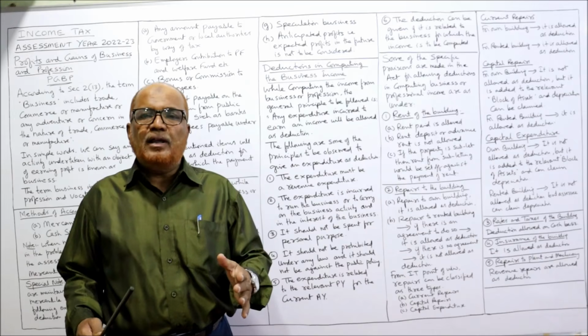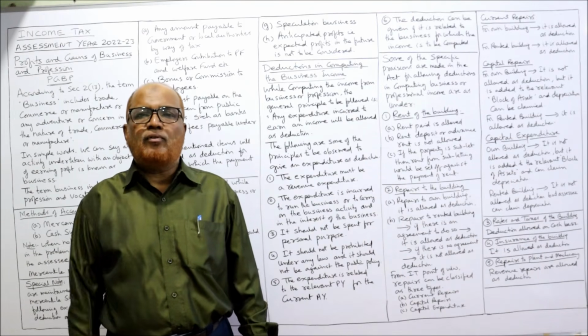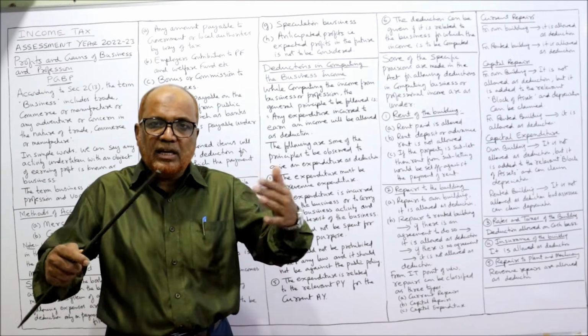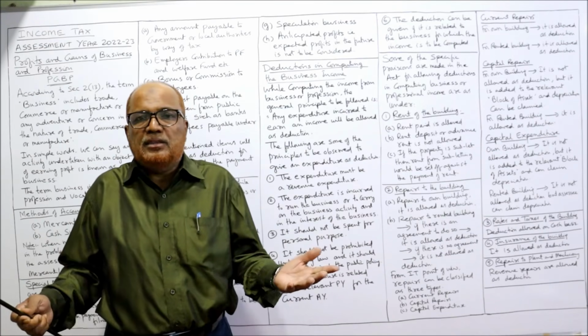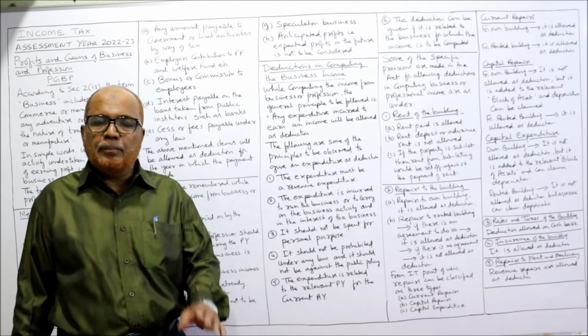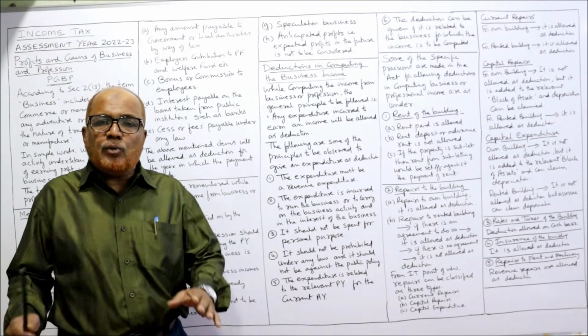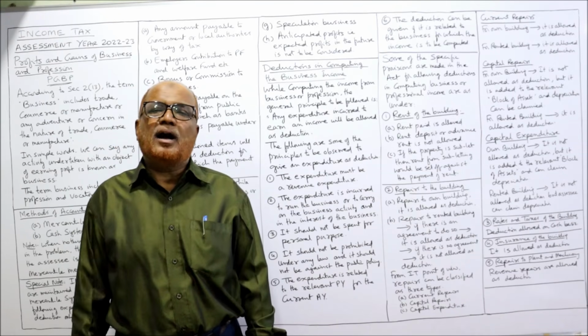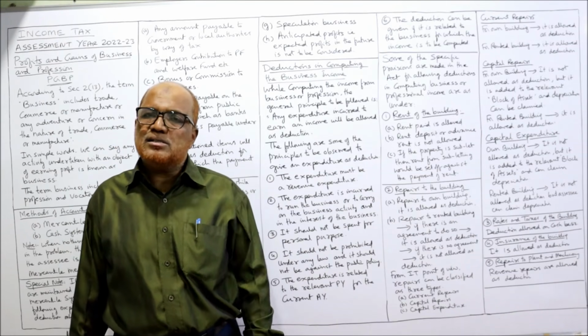If the owner of the building says that you have to pay for repairs, so according to the agreement the business has to incur expenditure on repair, in that case the repairs will be allowed as deduction.